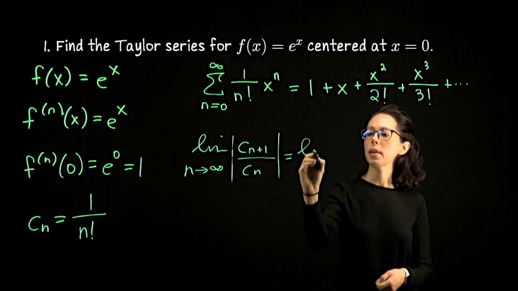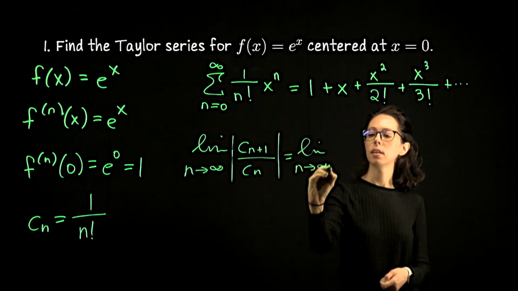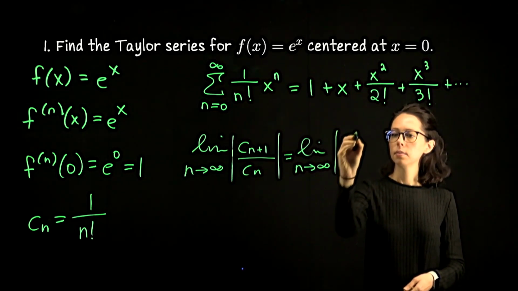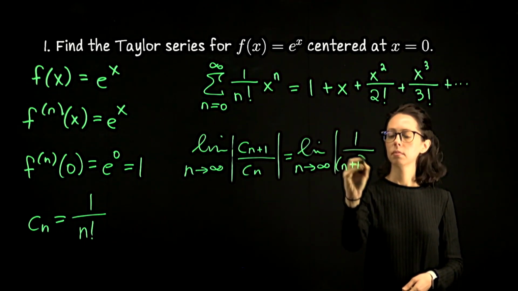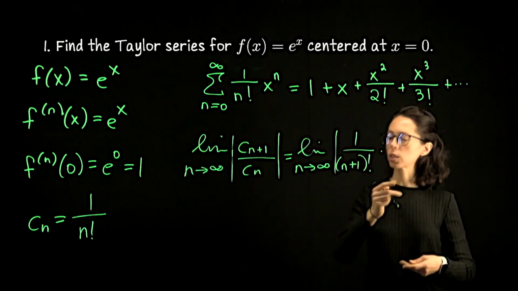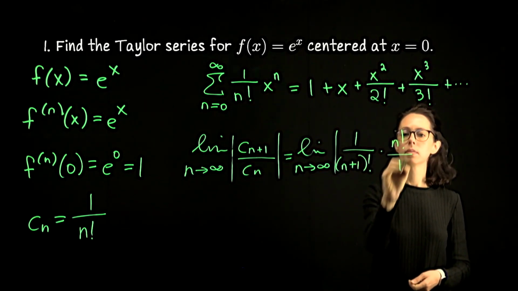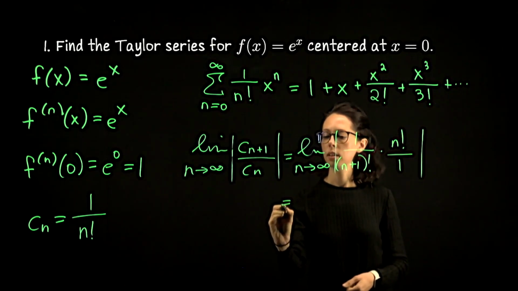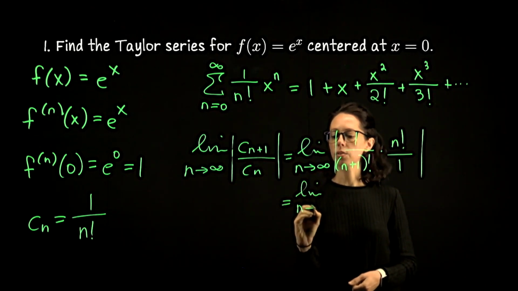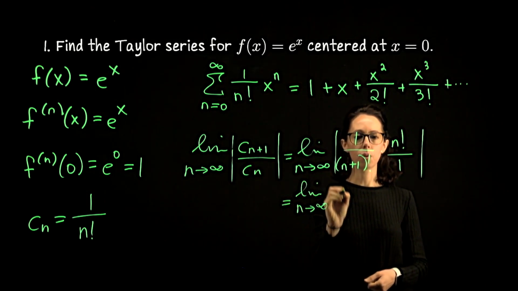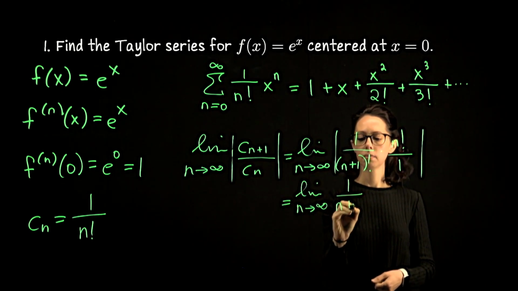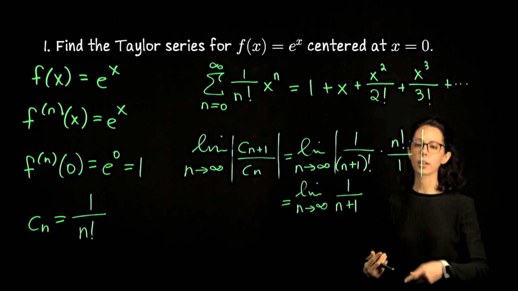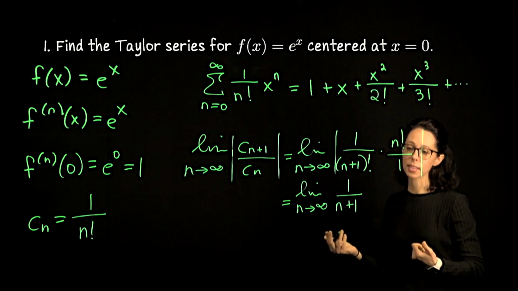Okay, so that's going to be the limit as n goes to infinity of 1 over n plus 1 factorial times n factorial over 1, multiplying by the reciprocal. This is going to be the limit as n goes to infinity of 1 over n plus 1, since n plus 1 factorial is n plus 1 times n factorial, and that cancels out here. But this is 0.